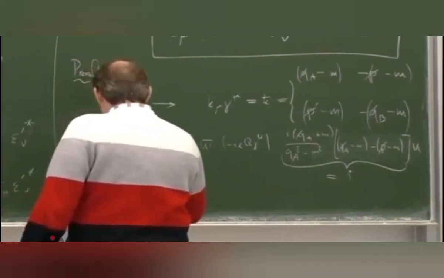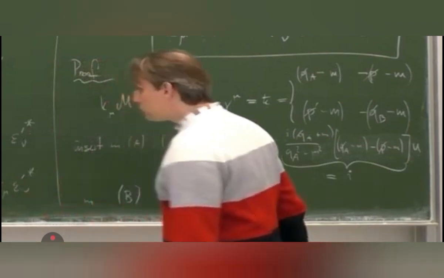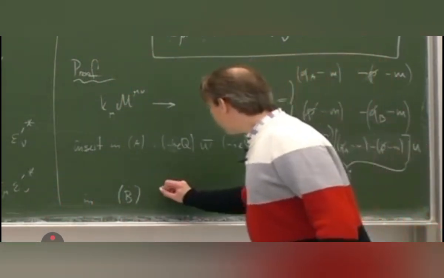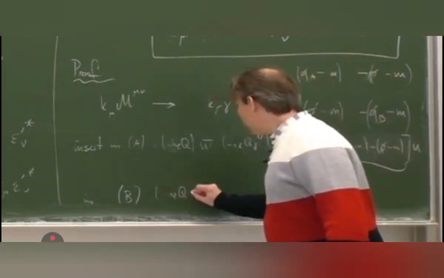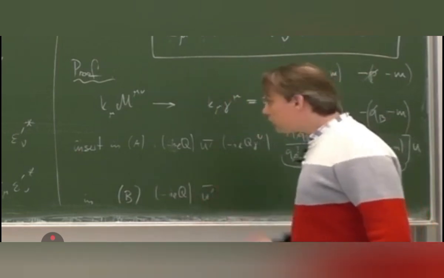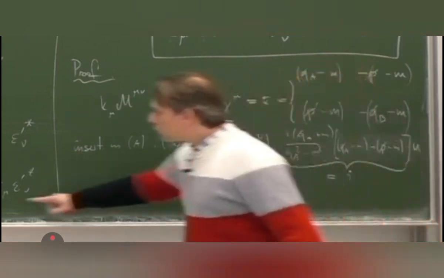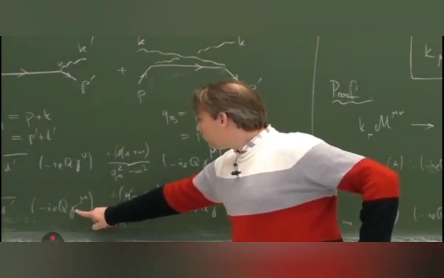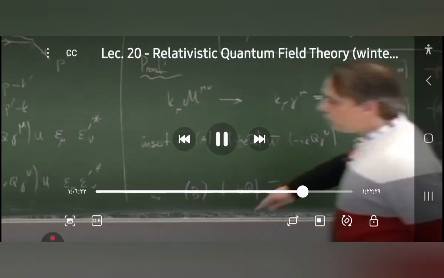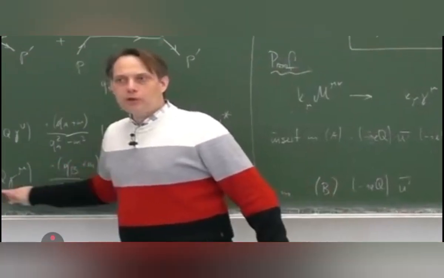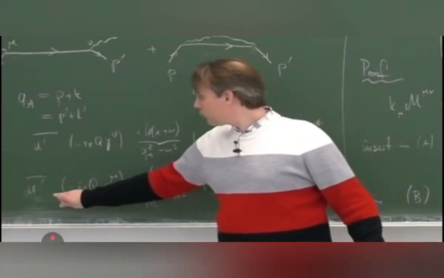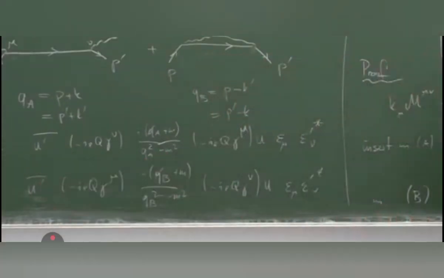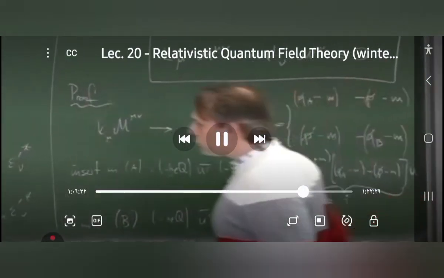And so what happens in B? In B, we also get a prefactor minus ieq, then u prime bar, and then the same thing happens on the left. Maybe we can do it directly without writing it down explicitly. Here we plug in the other expression. Then the p slash minus m stands here. That also gives 0 because it hits the u prime. So p slash minus m gives 0, and then we have minus (qb slash minus m).